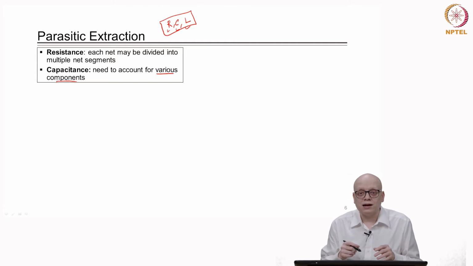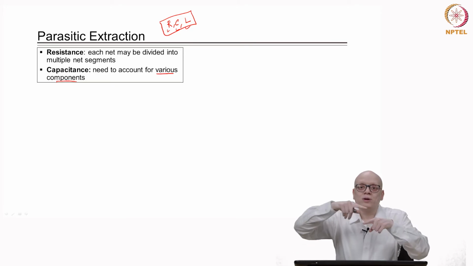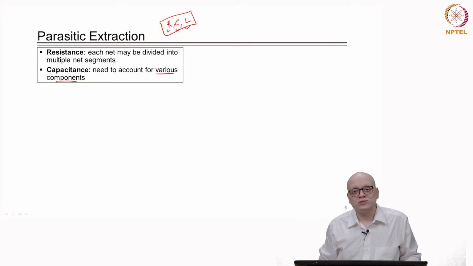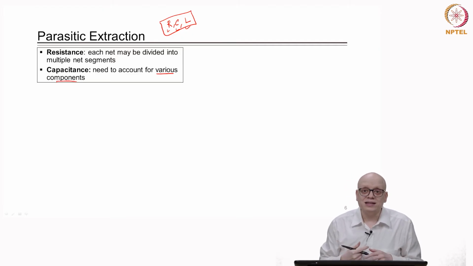We have seen that the coupling capacitance can be because of fringe, because of lateral proximity between two wires, or because of the overlap between two wires and so on. So, all these components need to be considered while capacitance extraction.